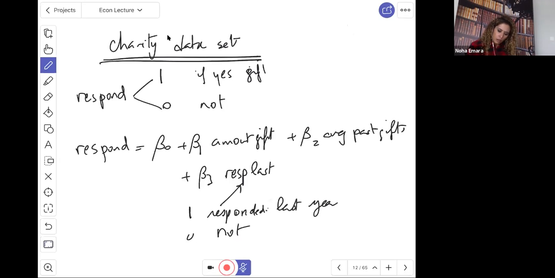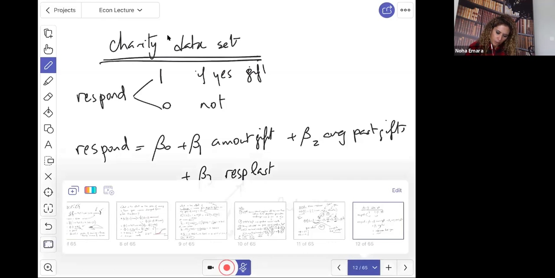Okay, so you guys have the data set description. Different versions, DTA and Excel. Okay, so I think I have it somewhere here.